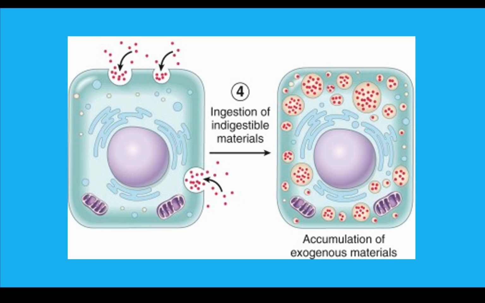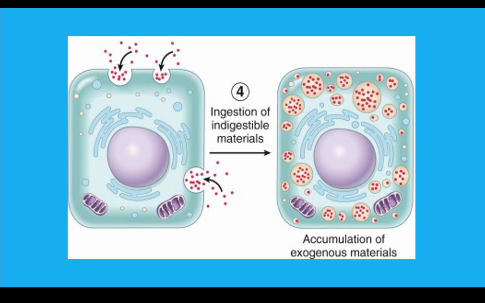And then the last way is if you have some sort of exogenous substance, so not made by that cell, and it's coming into the cell. If the cell doesn't have the enzymes needed to degrade it, or if it doesn't have the ability to transport it elsewhere, then it can accumulate within the cell itself. An example of this would be an accumulation of carbon, and we'll see that in a little bit.